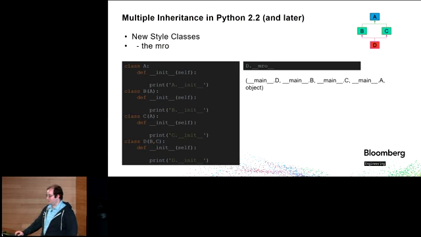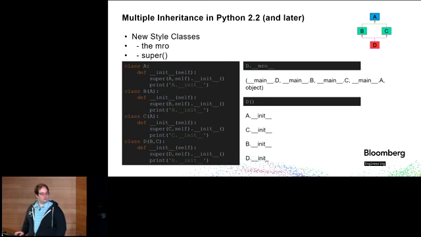So if you write the same code in Python 3, you can go to D and look at dunder MRO, and dunder MRO will say that there's an order, and the order is D, B, C, A. And that's defined by something called the C3 linearization algorithm. Doesn't matter much what that algorithm is. It created an order for us, and the order makes some sense. It's more important that there is an order than the sensibilities of that order.